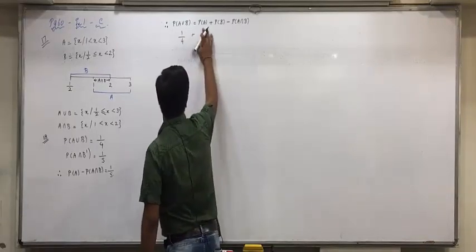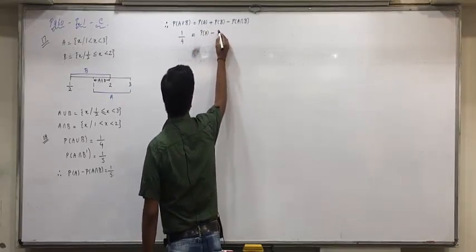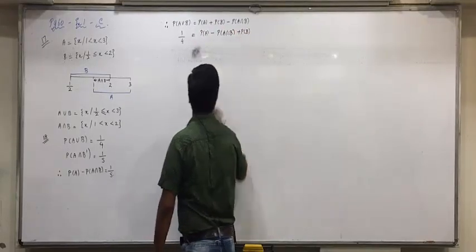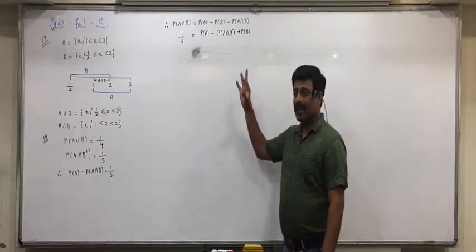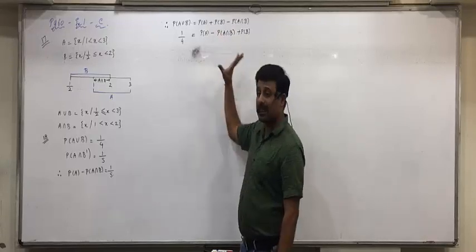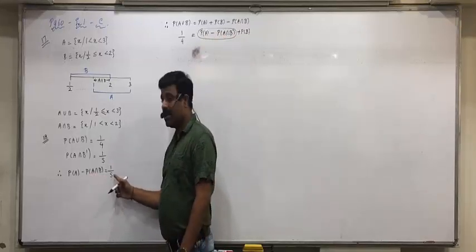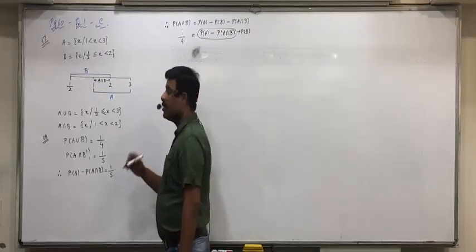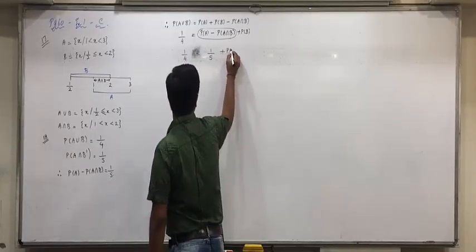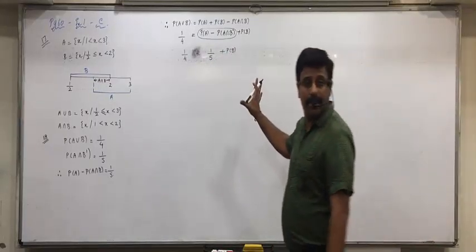On the right side, instead of presenting in this manner, if I write P of A, then minus P of A intersection B, and then I write plus P of B, does it make any difference? Now, what is this? P of A minus P of A intersection B is 1/5. So can we get P of B or not? So 1/4 is equal to 1/5 plus P of B. Any doubts with this? All are clear with this?